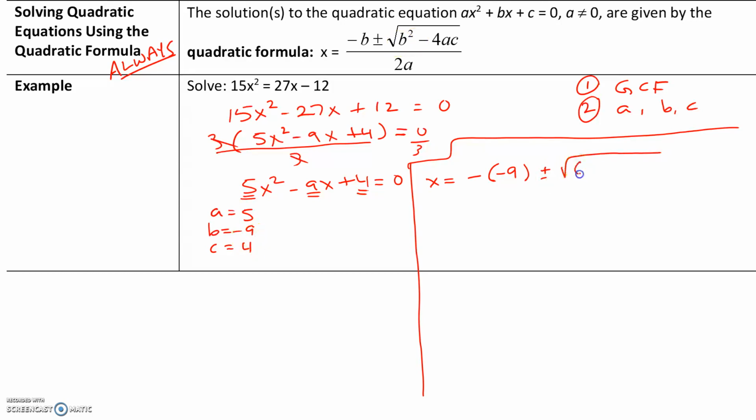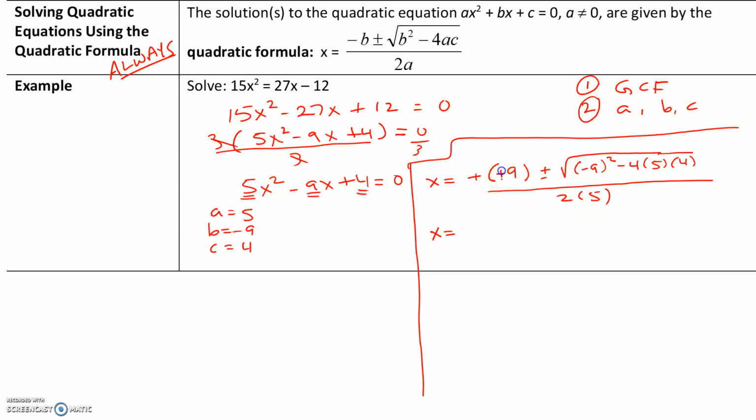So b is negative 9. So it's negative 9 squared minus 4 times a, which is 5, times c, which is 4, and then all of that is going to be divided by 2 times a, which is 5. Okay, let's simplify this.